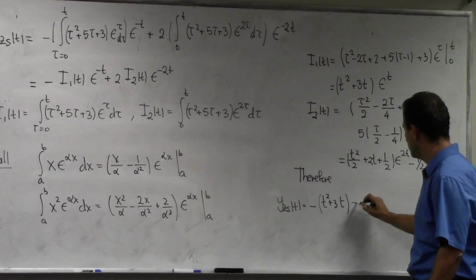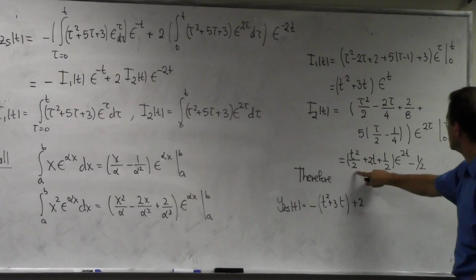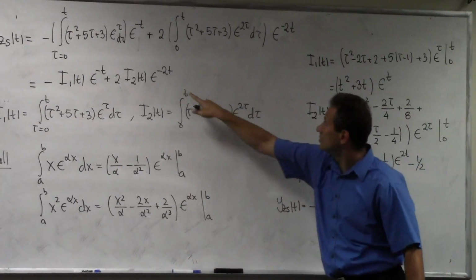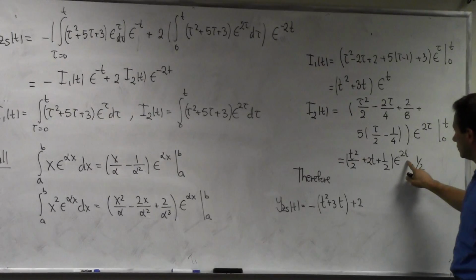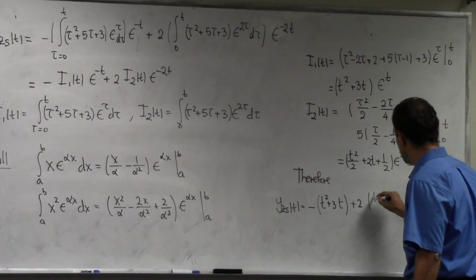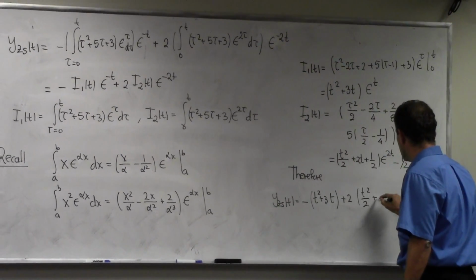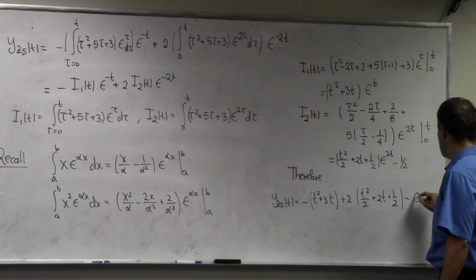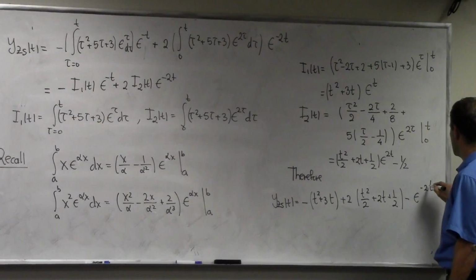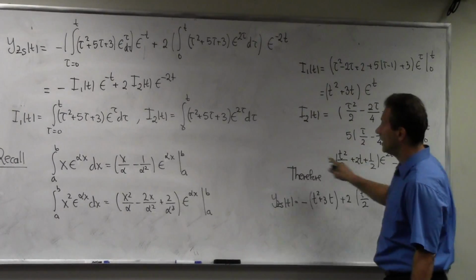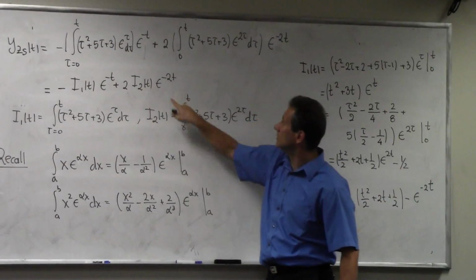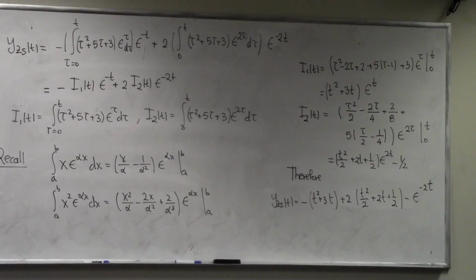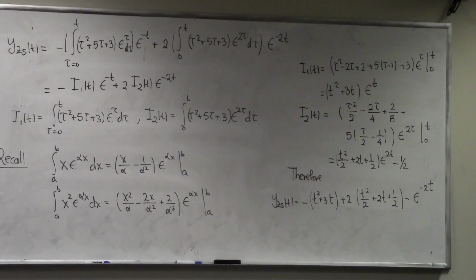Then I have plus 2 times I2, which is this guy. But you can see that e to the minus 2t will cancel with this e to the 2t. So I'm going to have just 2t squared over 2 plus 2t plus 1/2. And then I'm going to have minus e to the minus 2t, because 1/2 times this 2 is 1, and then e to the minus 2t. So this is my zero state response.